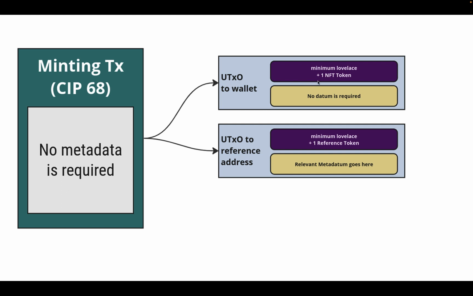One of them is the NFT that goes to someone's wallet. The other is the reference token, the purpose of which is to help us identify the relevant metadatum that accompanies the NFT. This has some really big implications.